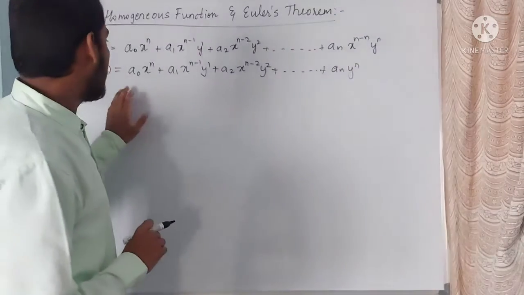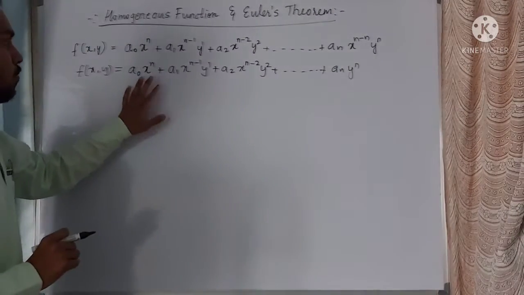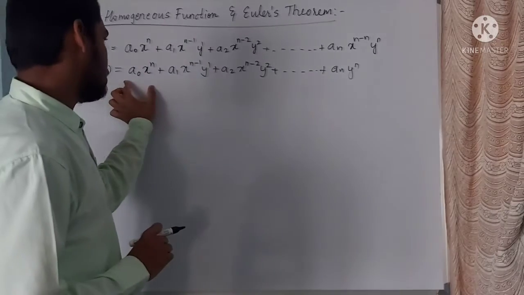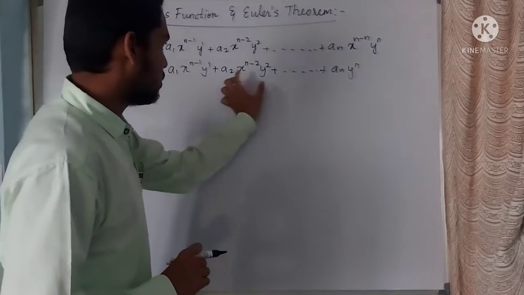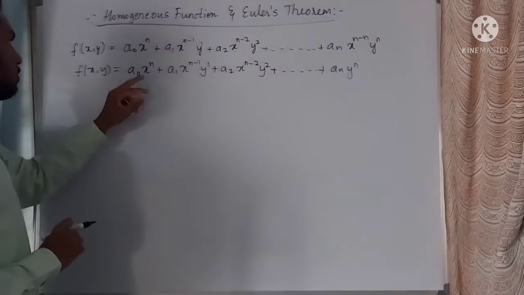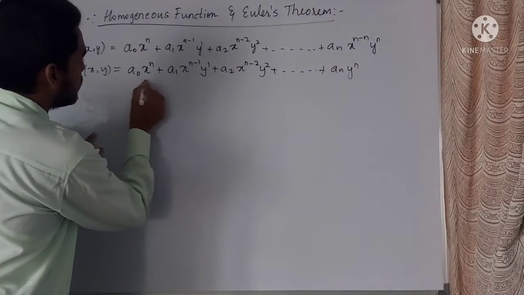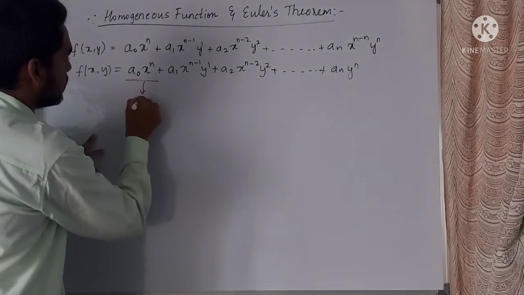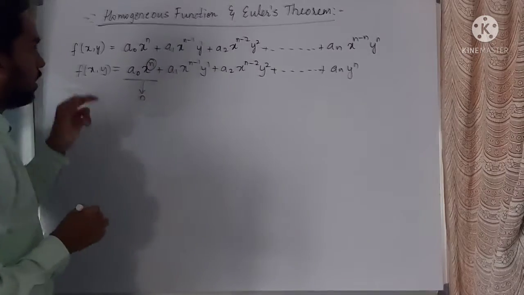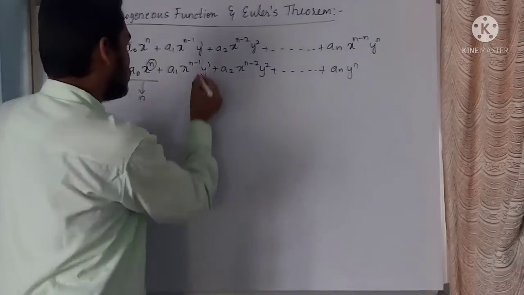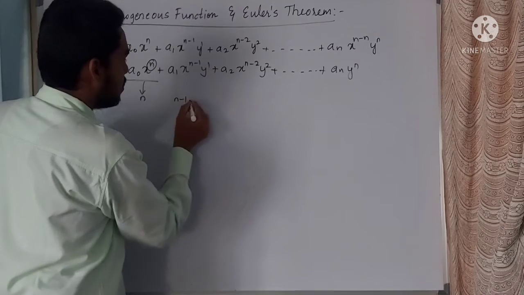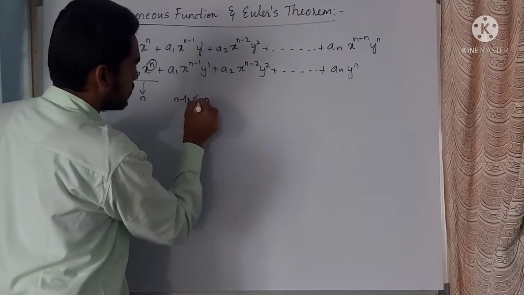Now friends, look at the degree of each term. So look at this term, this, and so on. You're going to see that the degree of this term is n. And the degree of this term is also n minus 1 plus 1, it's again n.